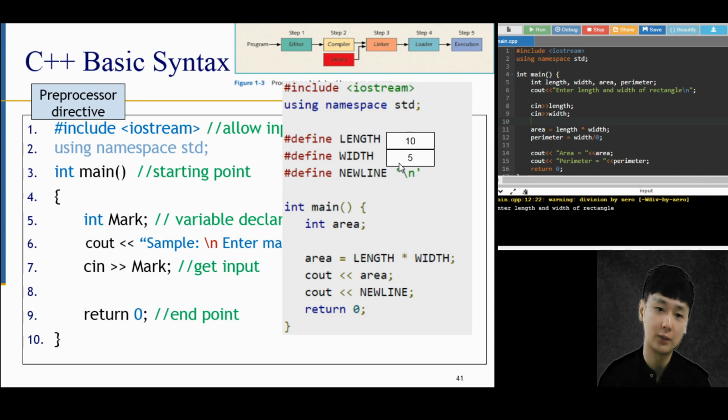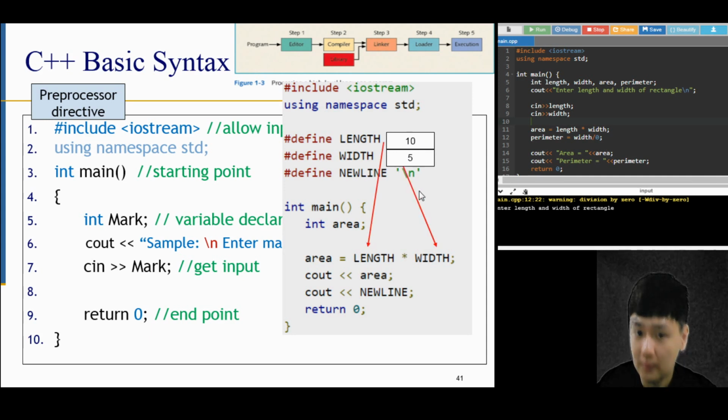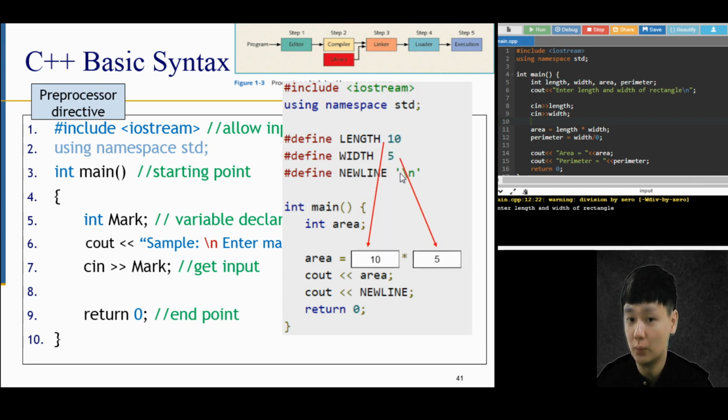Before the actual compilation process takes place, the preprocessor will come in first. It will assign the value into the variables length and width. Whenever there is a length and width in the program, it will assign 10 and 5 into these variables first, and only then go to the compilation process.